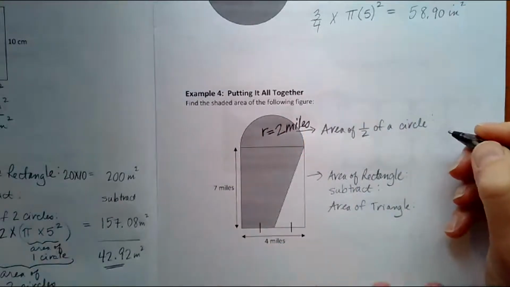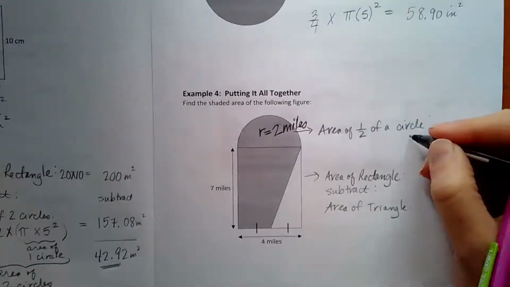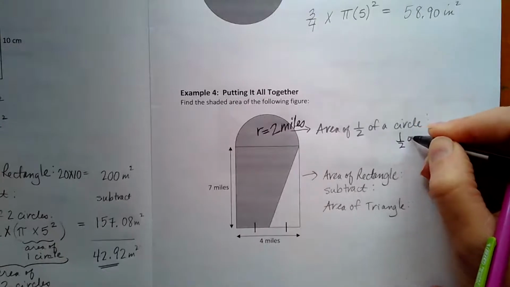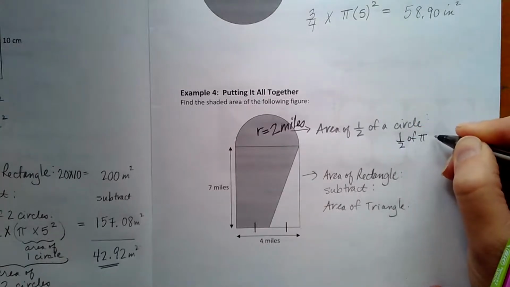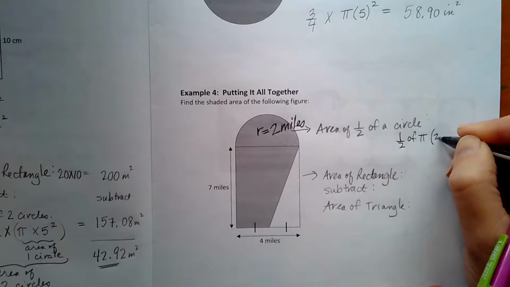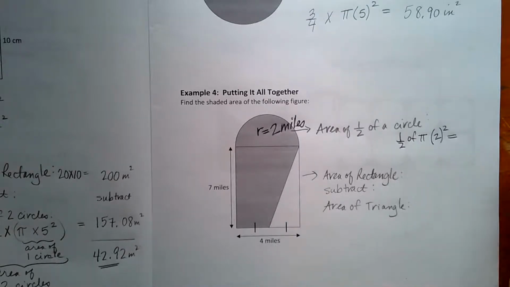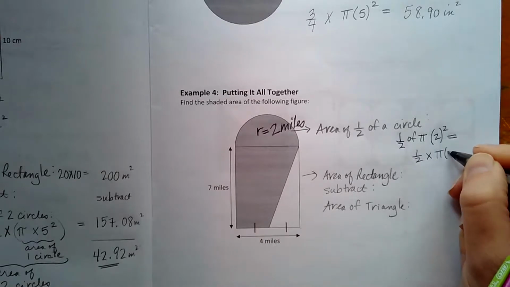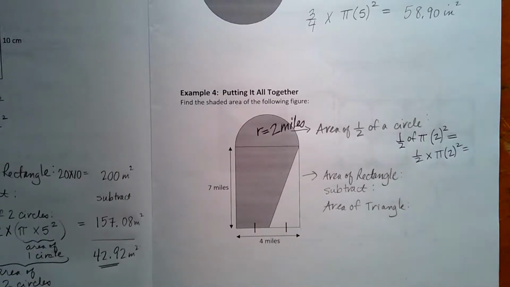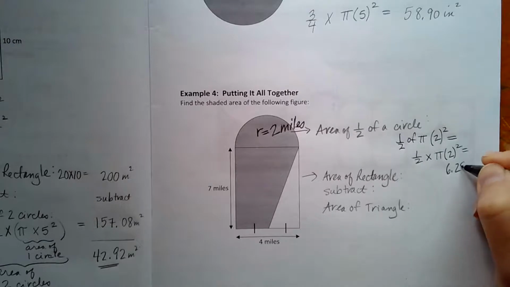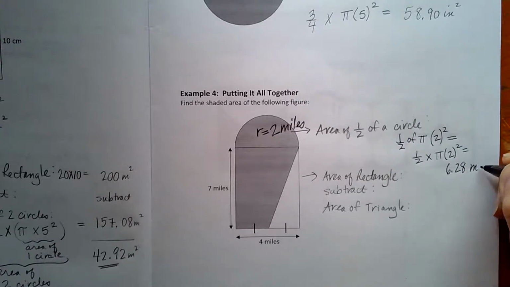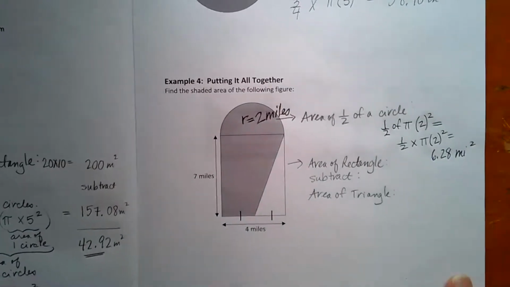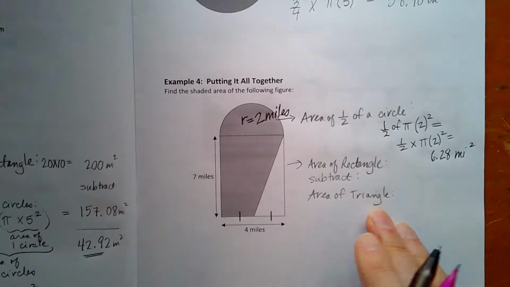So let's do this, half of pi times 2 squared equals 1/2 times pi times 2 squared equals 6.28 miles squared. All right. Now let's work on this part.